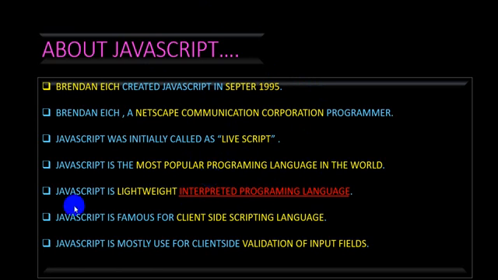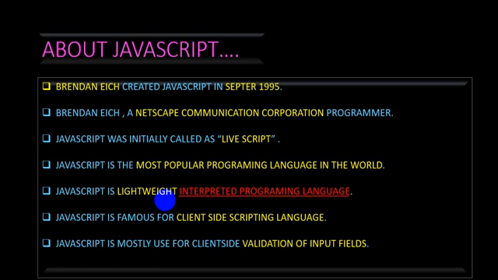Then come to the next point. JavaScript is lightweight. From a programming point of view, it's very important for a developer to use lightweight languages. We have n number of types of languages in computer. Which language you use for developing a website or an application is very important, because your application is going to run on the internet or on a machine.